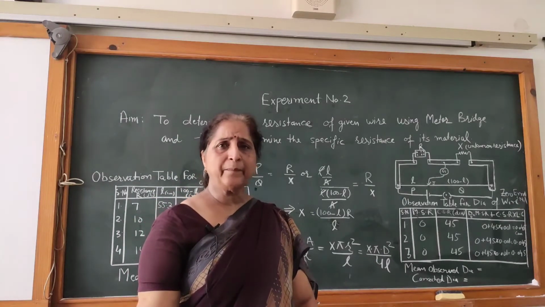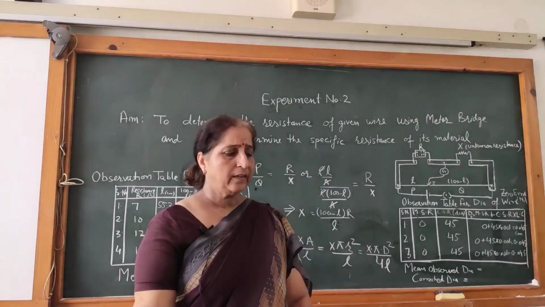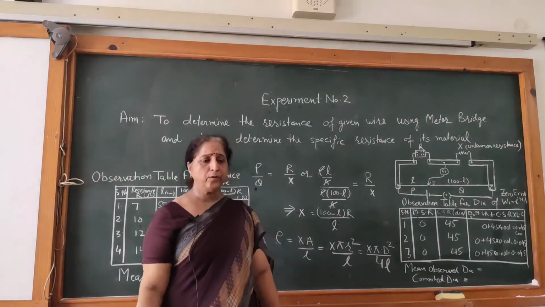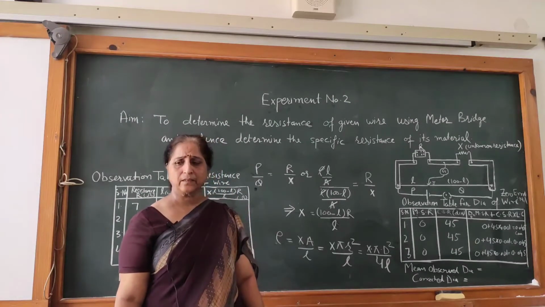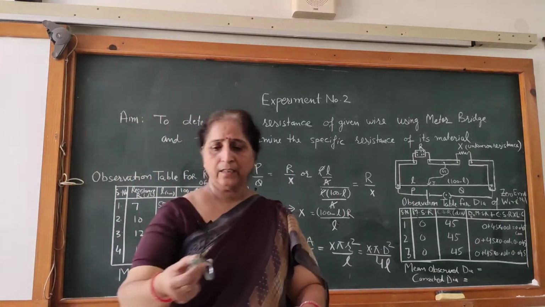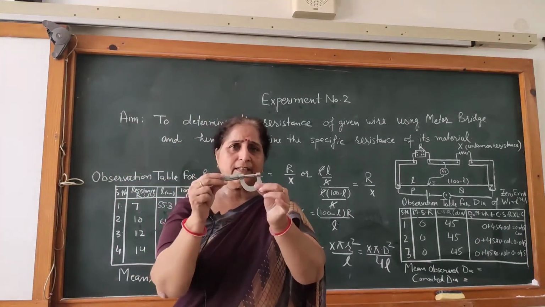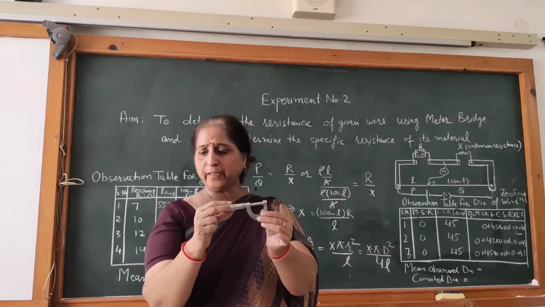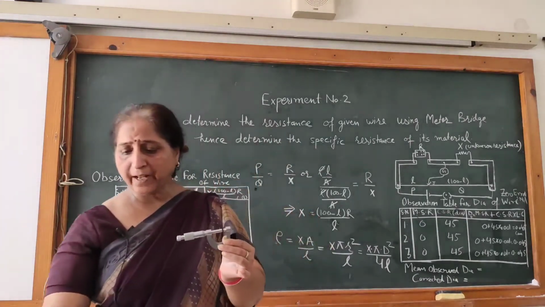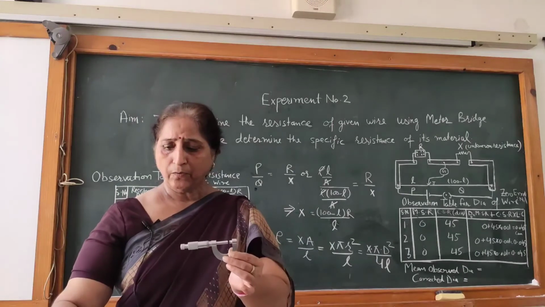But for determination of the diameter you have to make use of a screw gauge, which you have already studied in lower classes. This is a screw gauge which you have to use for determination of the resistance of the wire. This is the wire whose resistance you want to calculate.